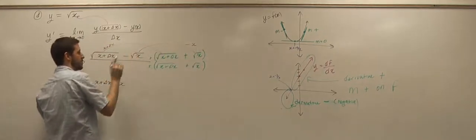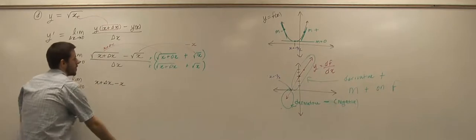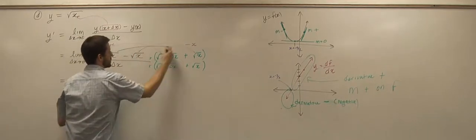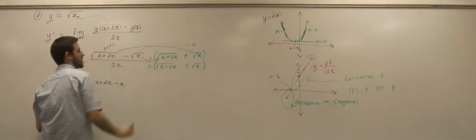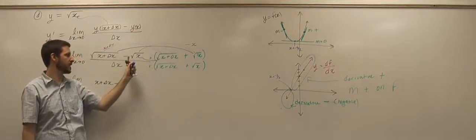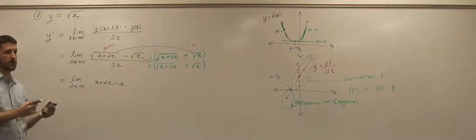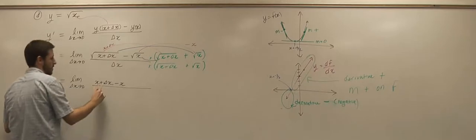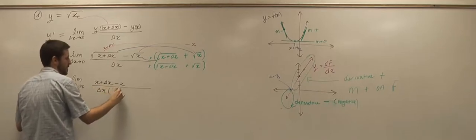And then the middle terms drop out. We have to do this guy times this guy, and then this guy times this guy. Those will cancel because they'll be the same exact thing, but one will be positive and one will be negative. Then don't do anything to the bottom. Leave it exactly as it is.